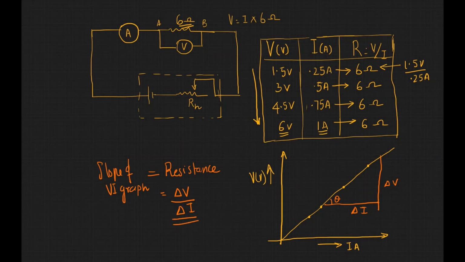Now you may be thinking, why do you need to plot these points and get a graph, when you can straight away get R is V by I, and maybe even take an average and say that's 6 ohms. Well, that's true, but when you do experiments, these values of R may not be exactly 6 ohms.